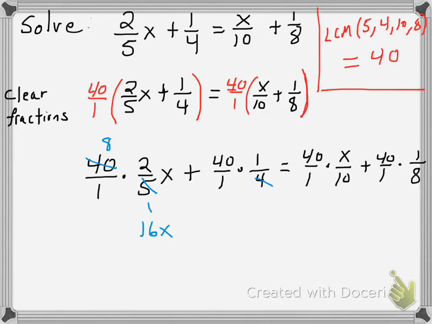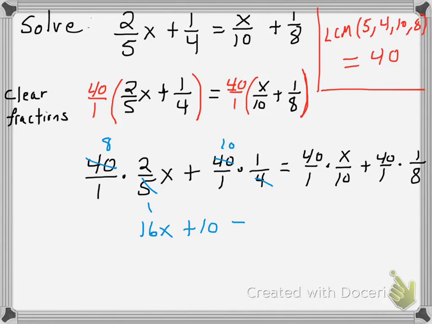And then what we have is 8 times 2, which is 16 plus the x there, so that's going to give us a 16x. For the next piece, the 4 is going to go into 4 once, into 40 10 times, and we'll have 10 times 1, which is 10.